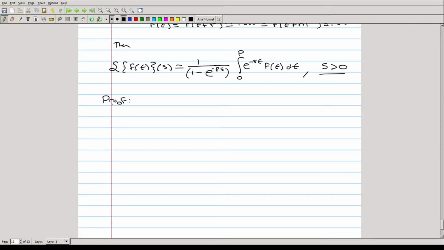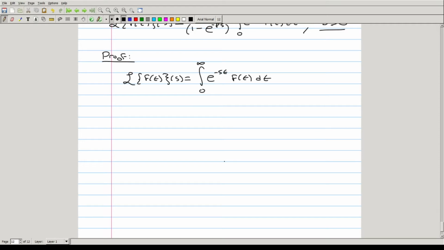And the proof of this is relatively straightforward to go through. We know that the Laplace transform of the function f is the improper integral from 0 to infinity of e to the negative st times f of t dt, which, because f is periodic, is going to be the sum from n equals 1 to infinity over every period.